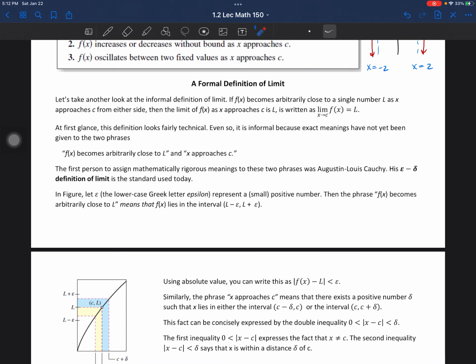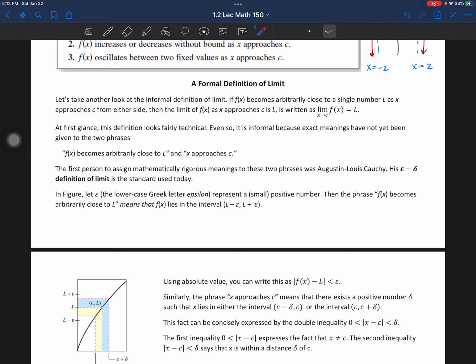The formal definition of a limit has to do with the concept of approaching, right? What does it mean to approach something? Mathematically speaking, we can contextualize it: if something approaches something, the two are getting close to each other. Now, how do you translate that mathematically? Well, that means the distance between the two numbers is getting smaller. Smaller means the difference between those two numbers is small, right? And that's sort of where the actual definition comes from.